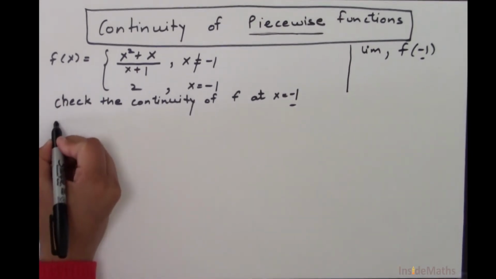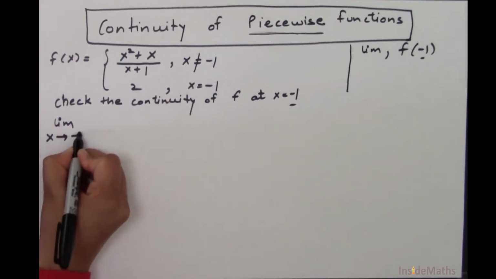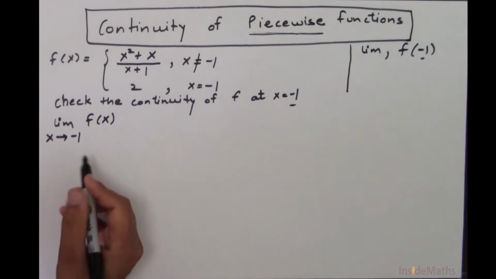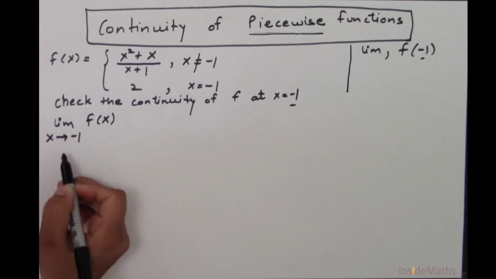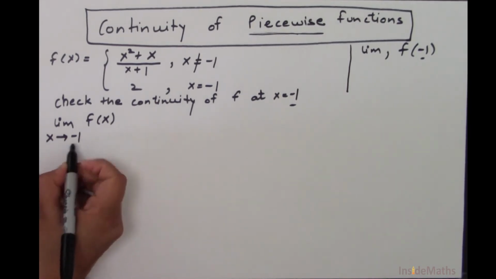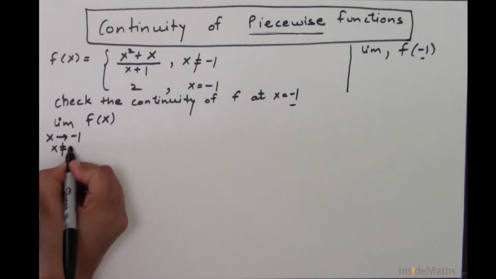So to find the limit x approaches to -1 f of x. Now here when we say x is approaching to -1, that means x is very close to -1, but x is not equal to -1.